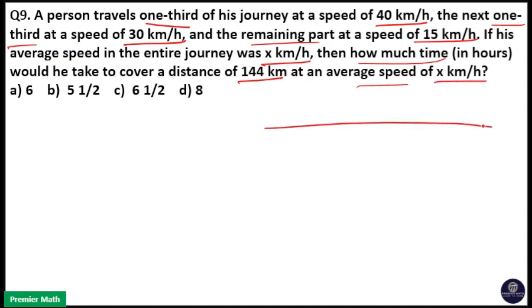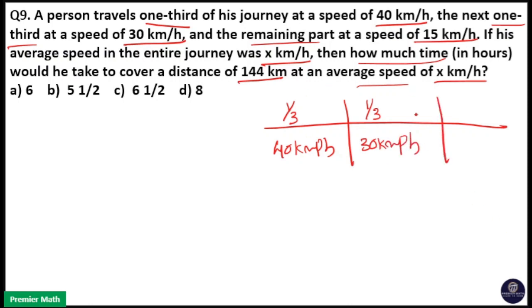Here, a person covers 1/3 of the distance at 40 km per hour and another 1/3 at 30 km per hour. The remaining distance is 1/3 itself, because 1/3 plus 1/3 is 2/3.